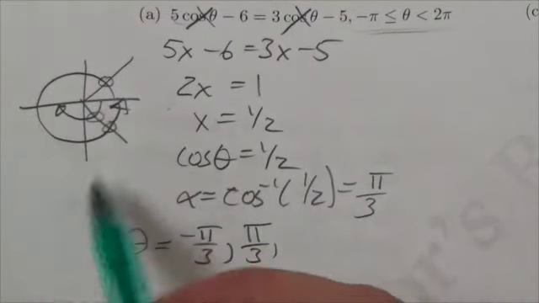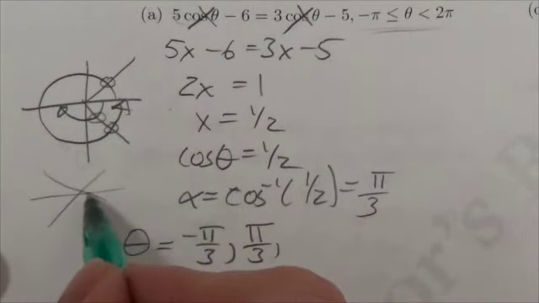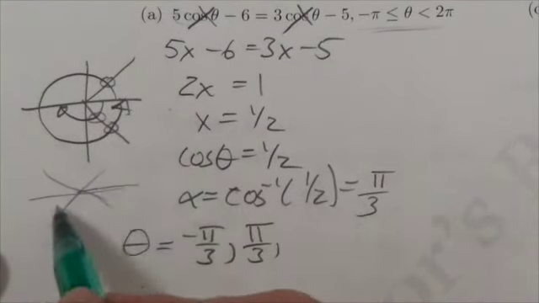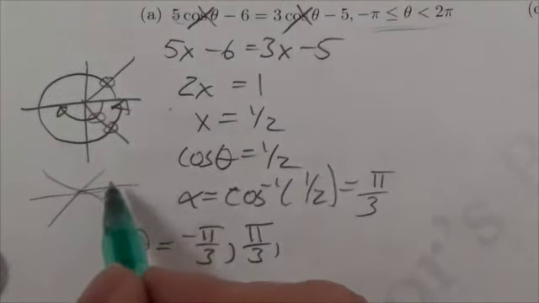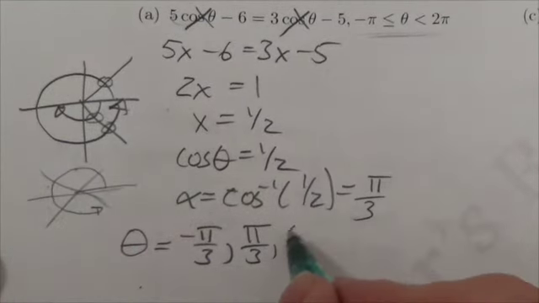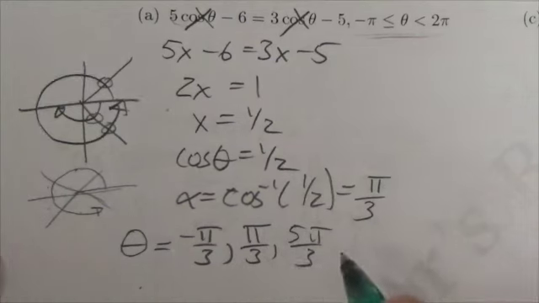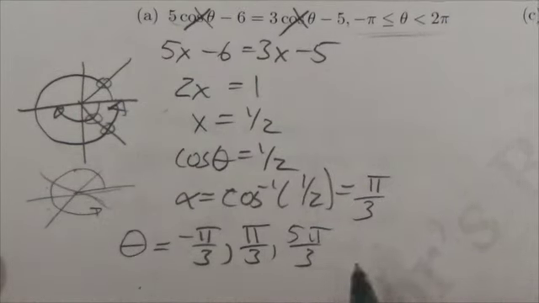It also divides the bottom half into thirds, so I'm looking at 3 above the x-axis, 3 below. So to come all the way around to here, that's 1, 2, 3, 4, 5 pi over 3's, going around that full circle there. Now, those are the specific solutions, I should say.